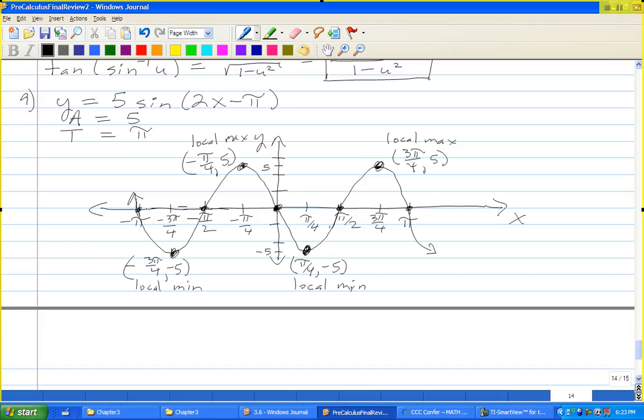Those are harder to. Maybe I'll just say x-intercepts.